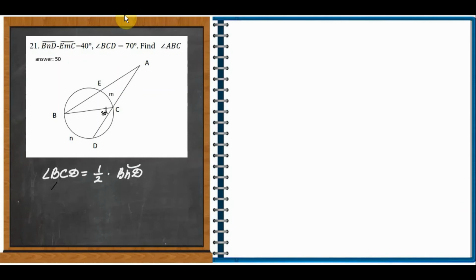Therefore, we can write and find degree measure of BND since we have BCD. So it's going to be 1/2 times BND is equal to 70 degrees. From here we can find BND, it's 140 degrees.